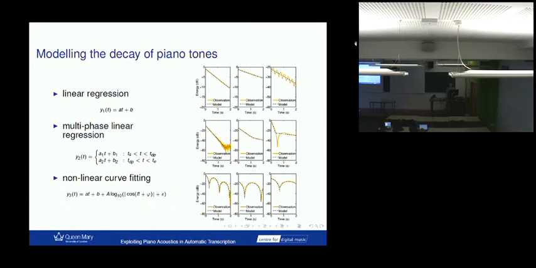Here are some examples of what the fitting did, and this is our projected function. These 2 are quite easy, they're just lines. Then for this one, we have to get a good initialization for all these parameters. The first, At plus B, will be initialized by the linear regression results.